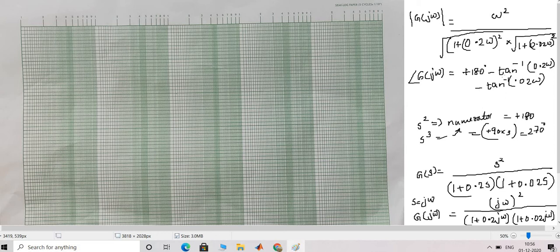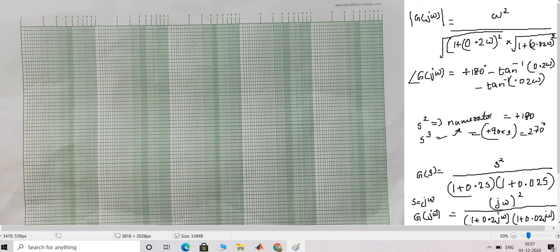Since there are two poles and two zeros, at higher frequencies the phase angle will converge to approximately 0 degrees.